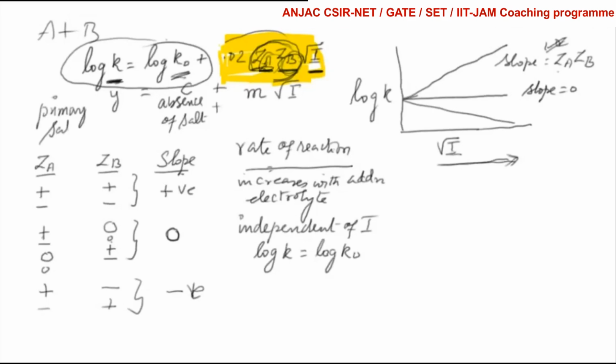As the ionic concentration increases, the rate constant decreases, or the rate of the reaction decreases. Therefore the inference is the rate of the reaction decreases with the addition of electrolyte or increase in ionic strength. If you understand this easier one, now you can give the answer for the problem.